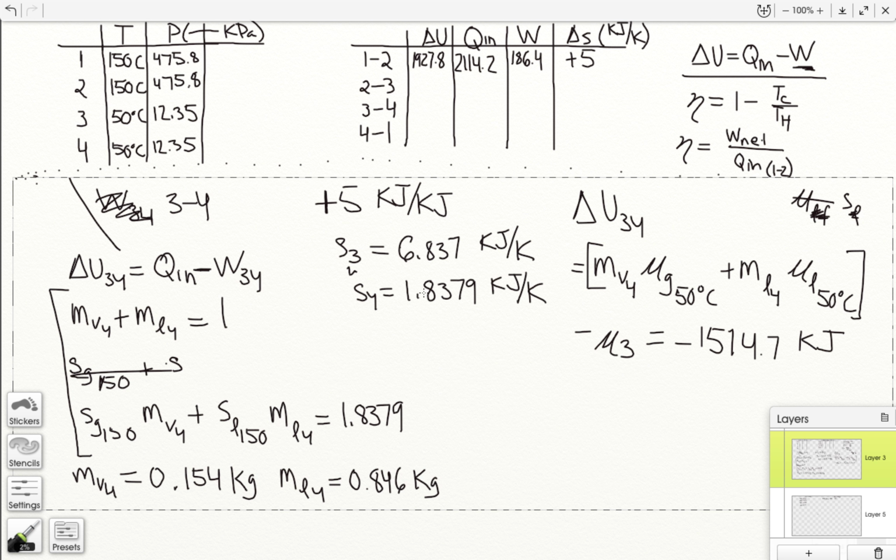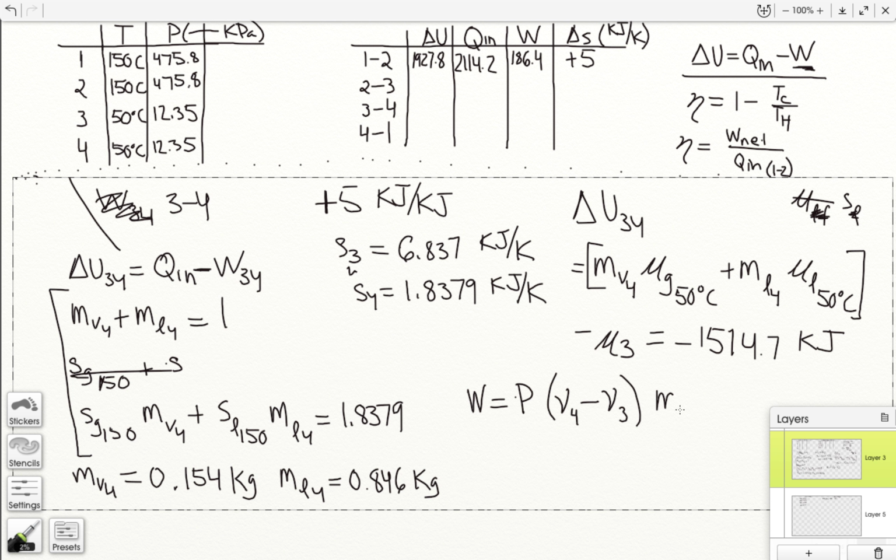Now, if you remember, we're going to calculate work in the same way that we did the process from 1 to 2. So work will be the pressure, which in the process from 3 to 4 is 12.35 kilopascals the entire time, times our specific volume at state 4 minus V3, times the mass, which is 1 kilogram.